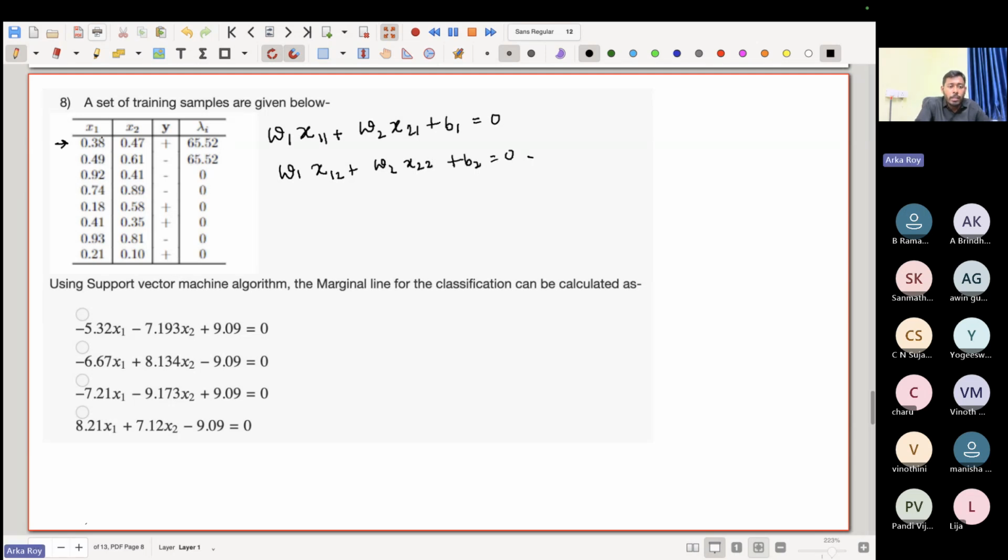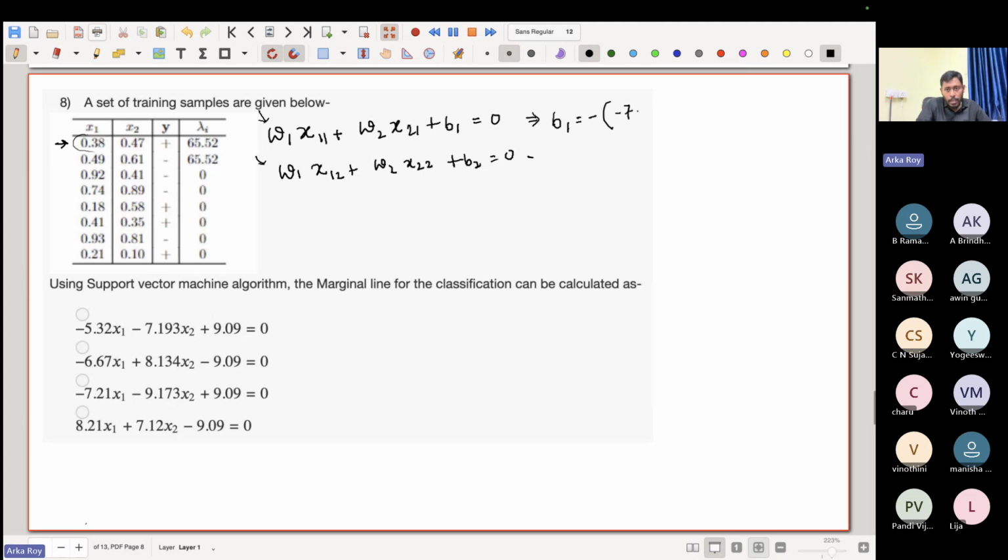So what I am inferring is that using these two coefficients I am constructing a first line, and using these two coefficients I am constructing a second line. I don't know the value of B1 and B2, but I do know the values of W1, W2, X11 and X21. So if you try to find the value of B1, it would be minus W1 multiplied with this one.